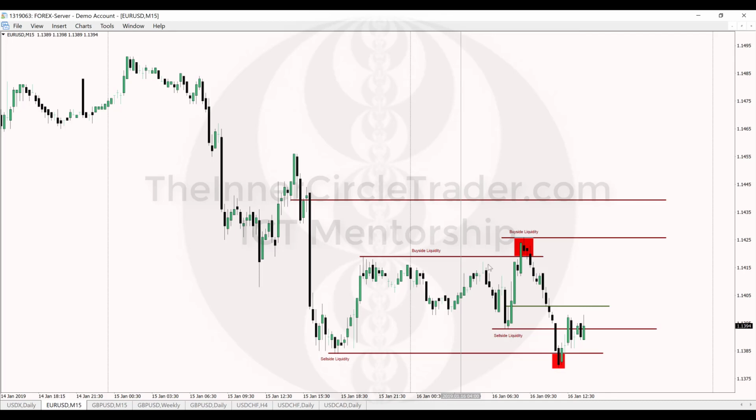We've had liquidity ran here. During London, the high of the day formed at 4 a.m. New York time. So it's basically the heart of the ICT London Open Kill Zone.